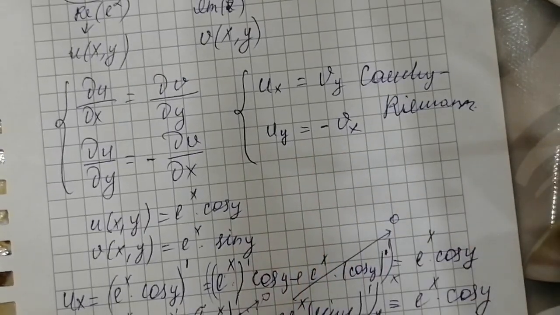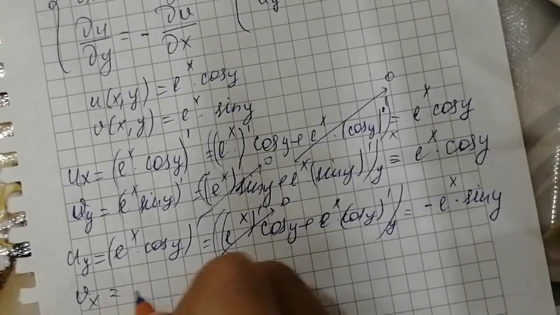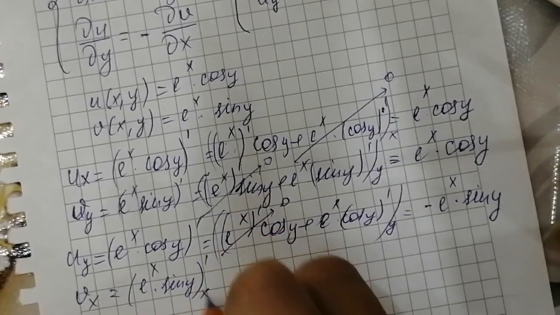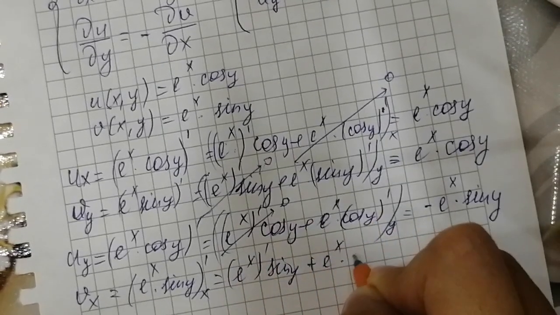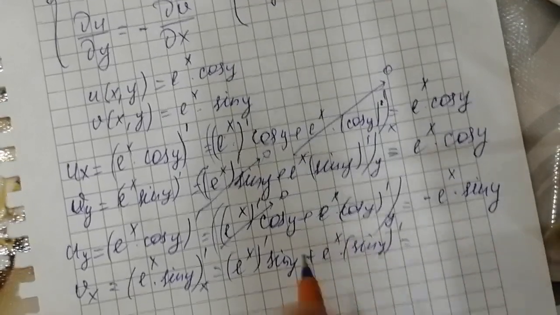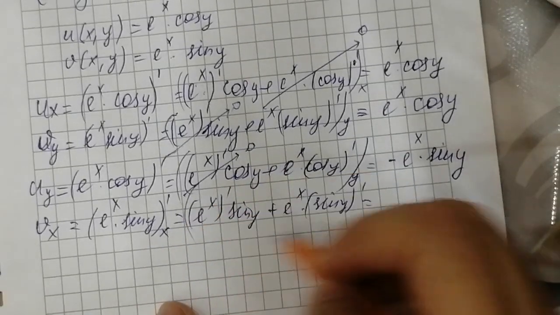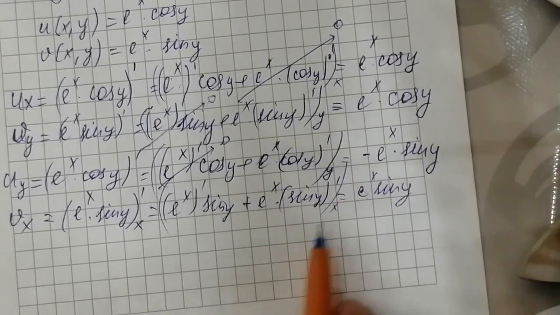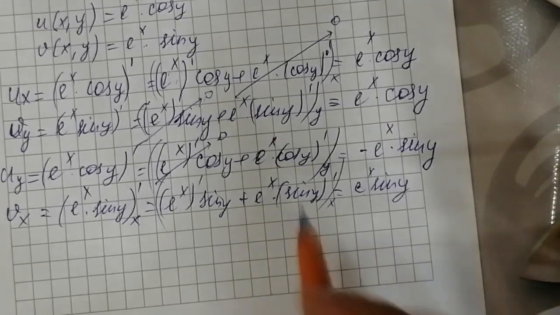Let's find the derivative of the function v with respect to x. The derivative of e to the power of x times sine y with respect to x: the derivative of exponential x with respect to x is equal to itself, and the derivative of sine y with respect to x is equal to 0.